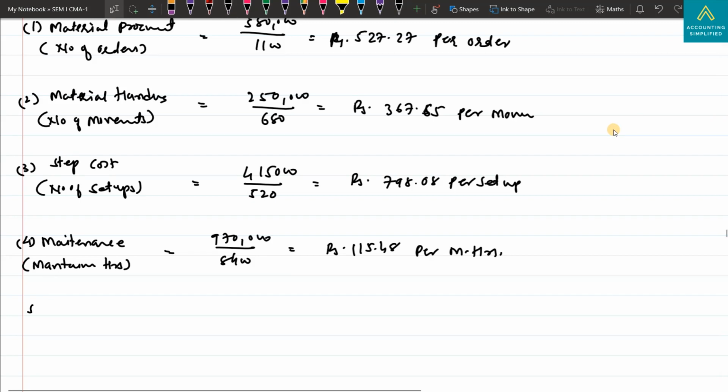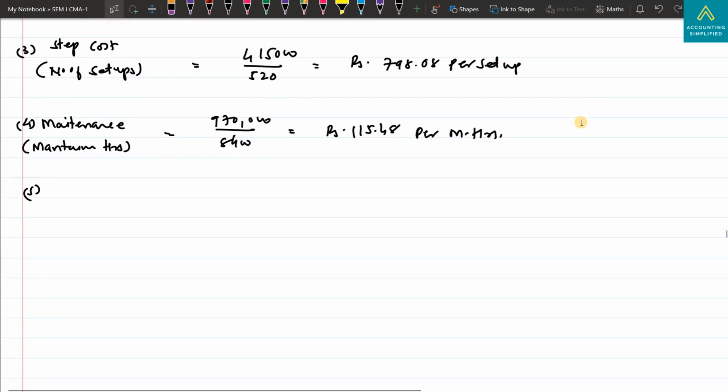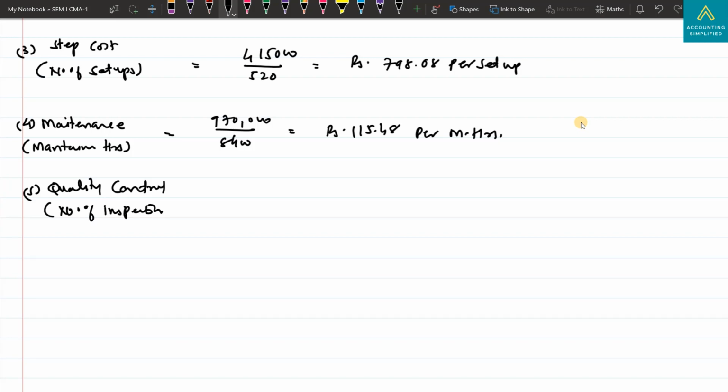Fifth one is what? Product quality control. Quality control is based on number of inspections. Total cost is 1,76,000 divided by the number of inspections, which are 900.